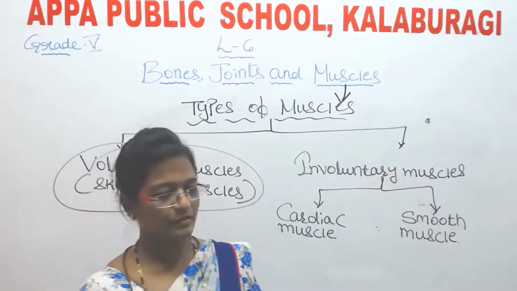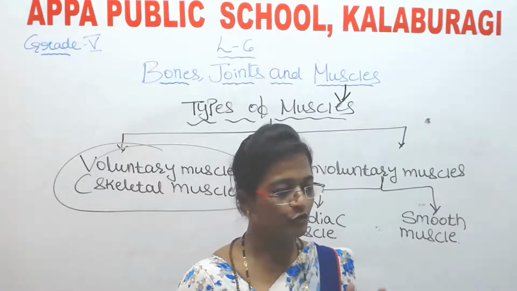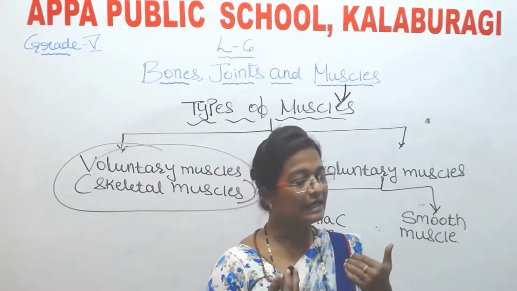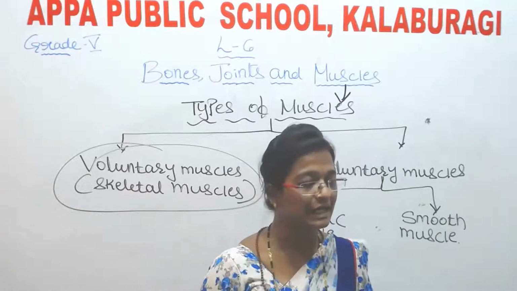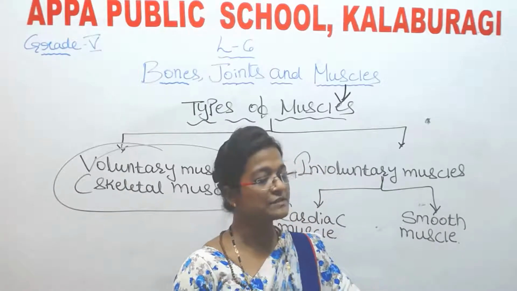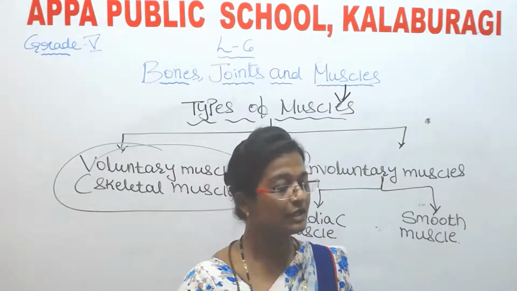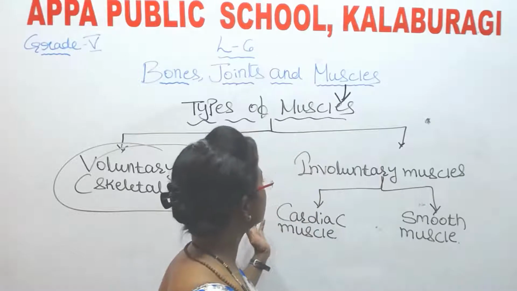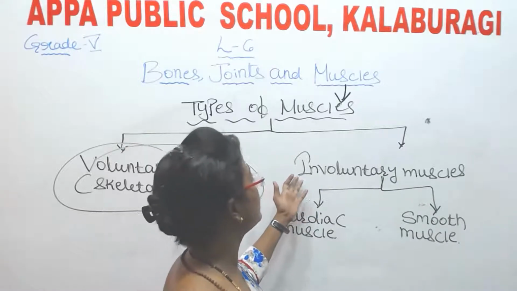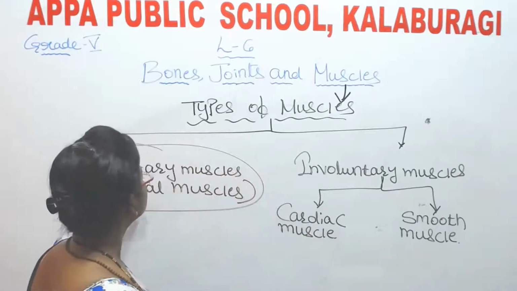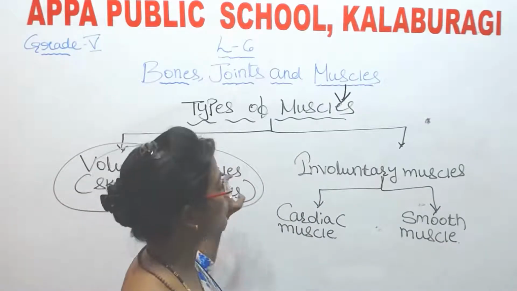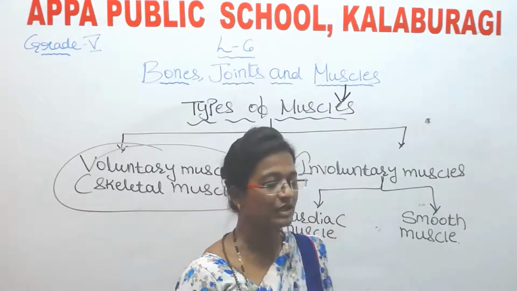Now, what do we mean by voluntary muscles? These are muscles that are under our control. These muscles are connected to the bones, whereas involuntary muscles are not connected to the bones.